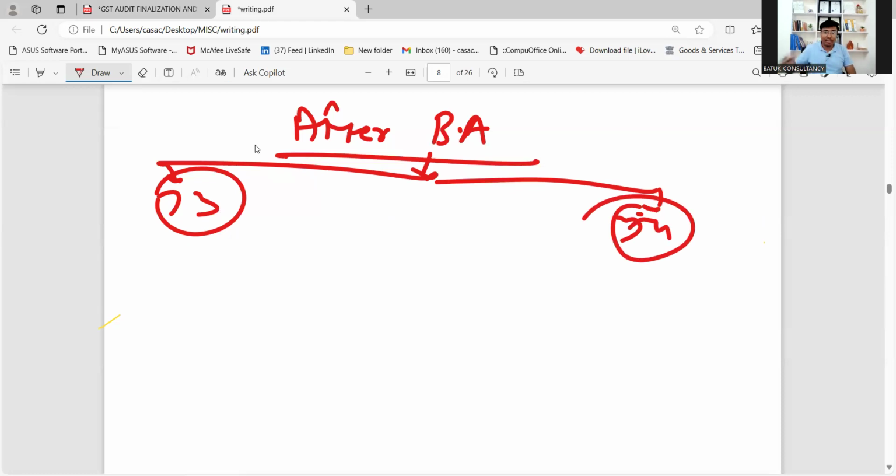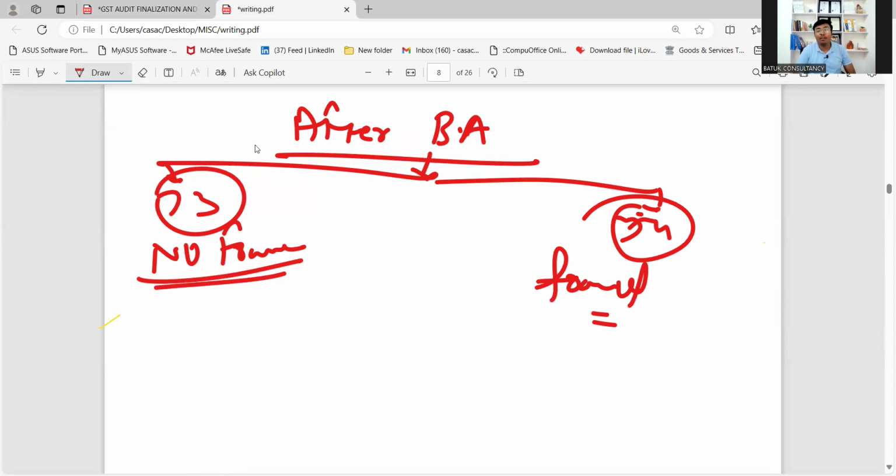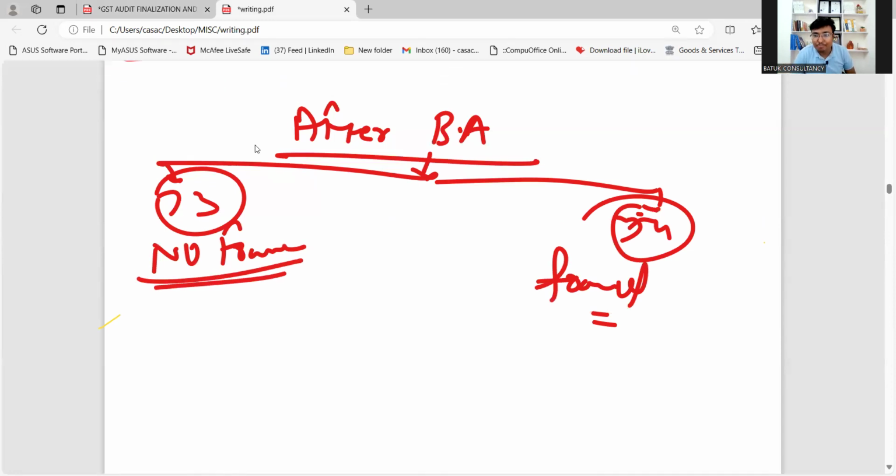If there will be any fraud in that case we are going to pass the order under section number 74. If no fraud, in that case the order is to be passed in section number 73.